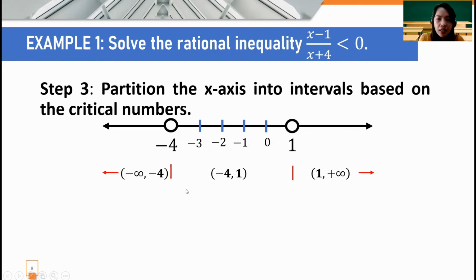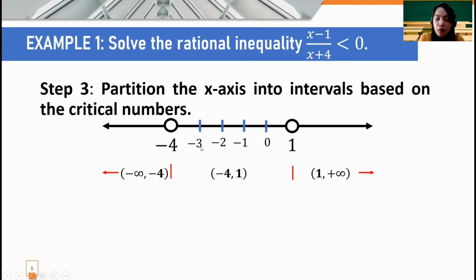Next interval is from negative 4 dito hanggang positive 1, yung isang critical number natin. Since na ang ginamit sa tapat ng negative 4 ay open circle at sa positive 1, so ang kailangan natin ilagay ay parenthesis, open parenthesis and closed parenthesis.